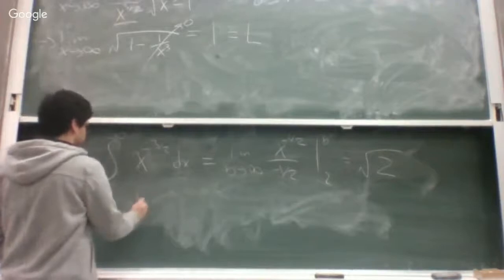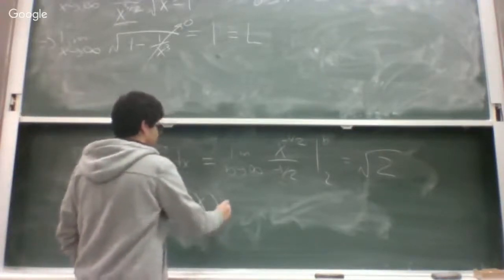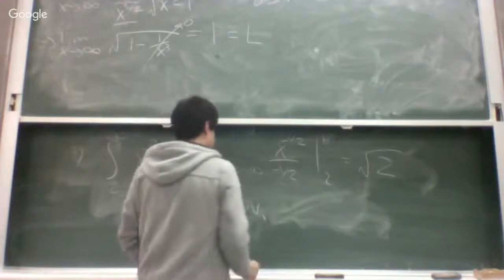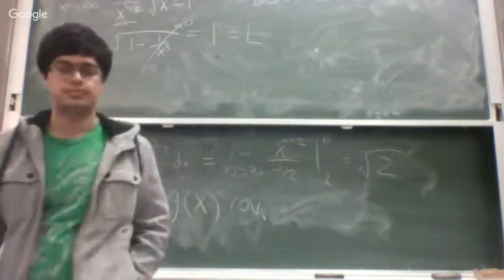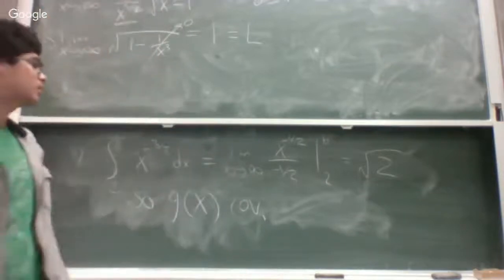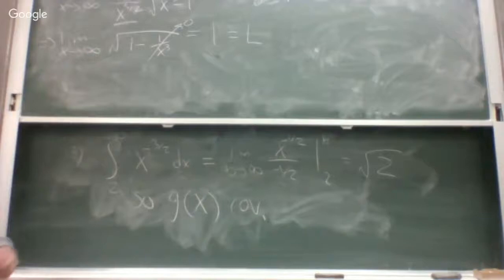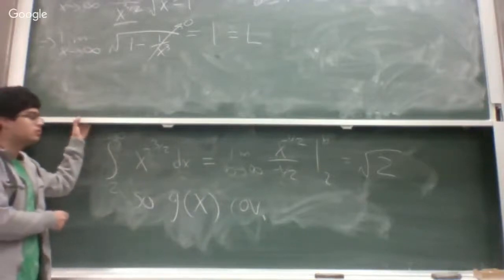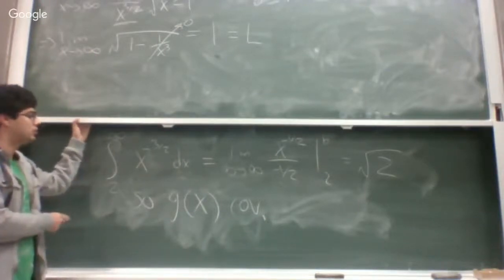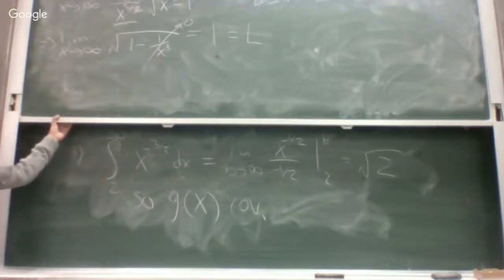So g of x converges. Good, you guys write that down. That's what they give us, going from 2 to infinity.